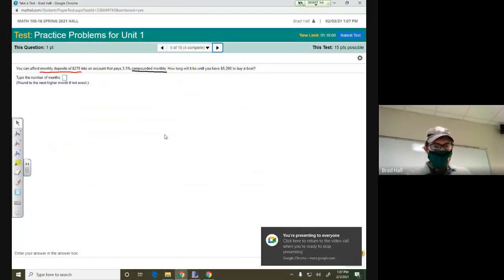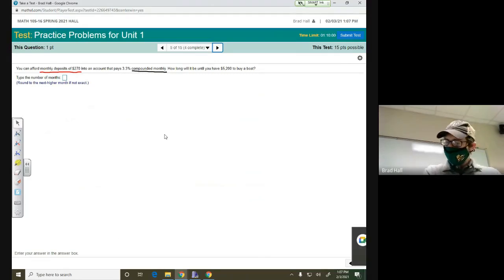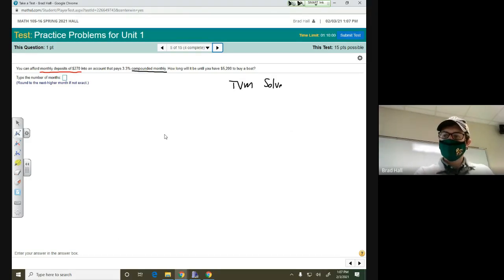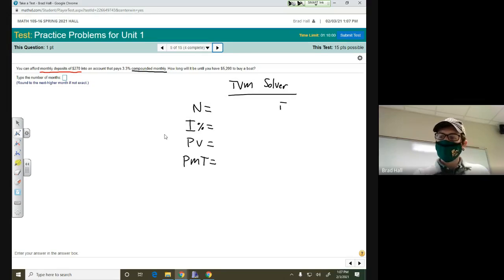And so from here, we have the TVM solver: PV, PMT, FV, P over Y, and C over Y. The reason we use the TVM solver is that there are periodic deposits being made.